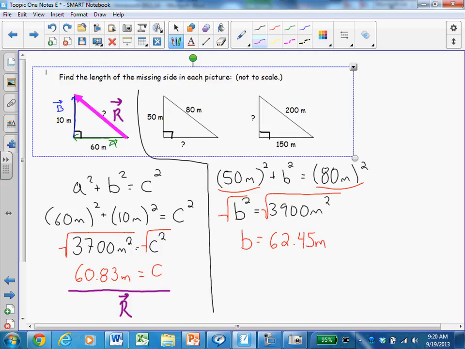And again, in this case, A plus B would still give you C or R. Okay? Yes, yes. You have your calculators for your test.